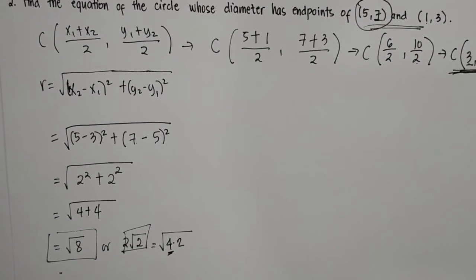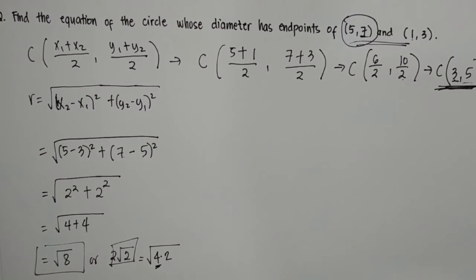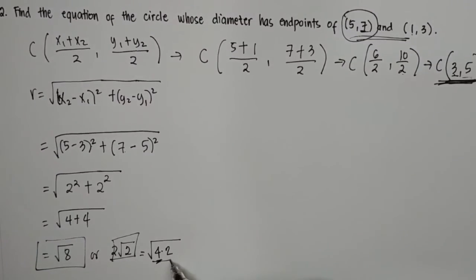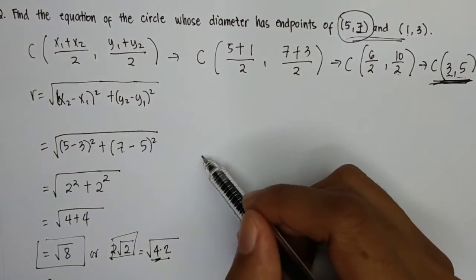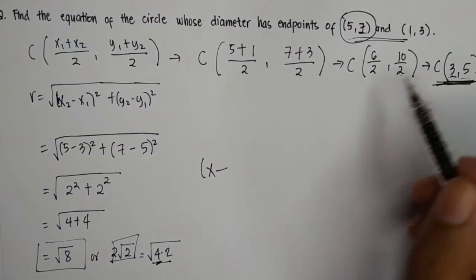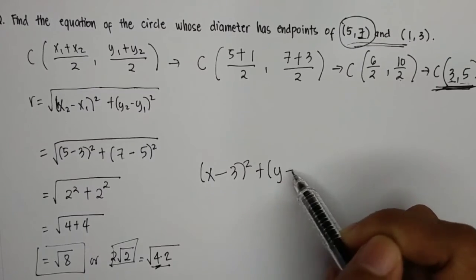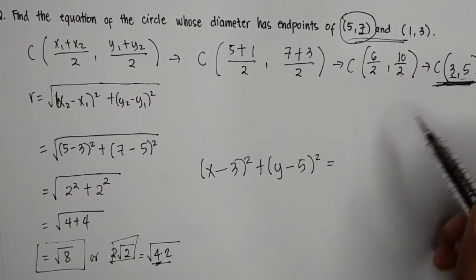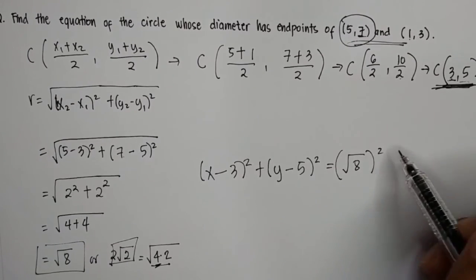Okay, so let's now write our center and radius form, or our standard form, since we now have the center and the radius. We have x minus 3 quantity squared plus y minus 5 quantity squared is equal to the square root of 8 quantity squared.